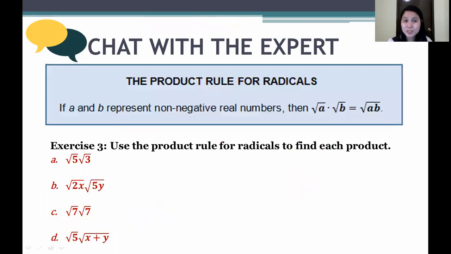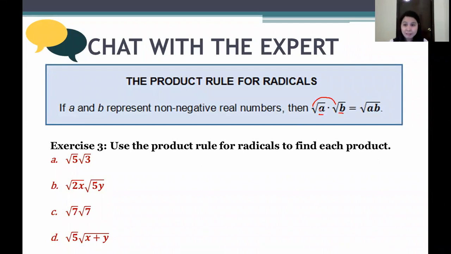Now let's go to the product rule. I told you it's quite challenging this time. Now, the product rule of the radicals says that if they have the same index, then we can simply multiply the radicand.